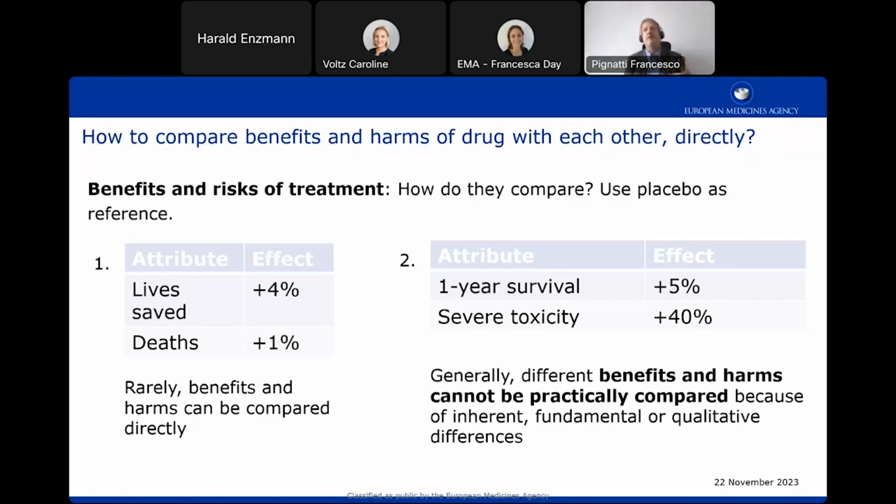So the benefit risk in this situation is relatively straightforward because you just need to look at these quantities and see which one is greater. In this case, lives saved is greater. So I would say if that's how you look at the benefits, and a life saved is the same value as a life lost, then, well, 4% is greater than 1%.